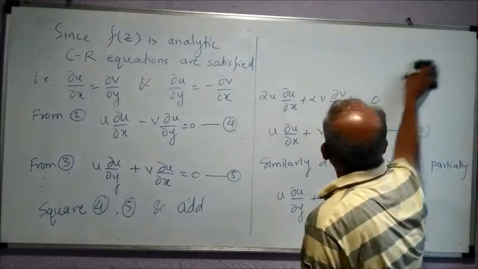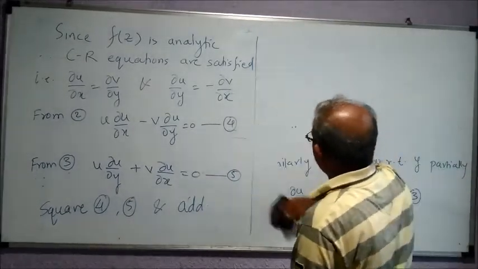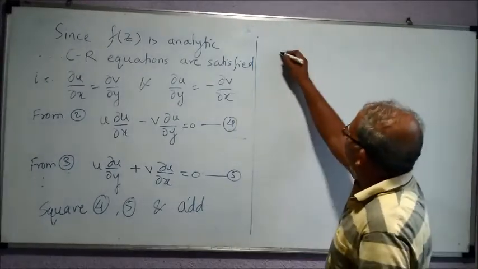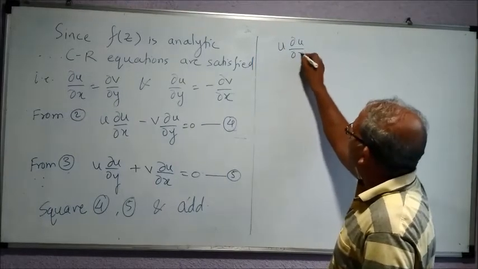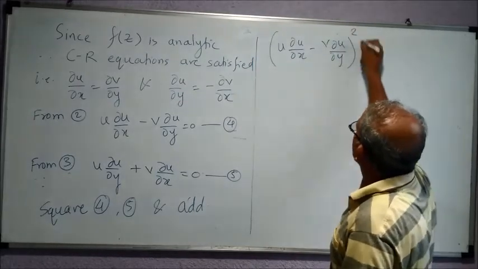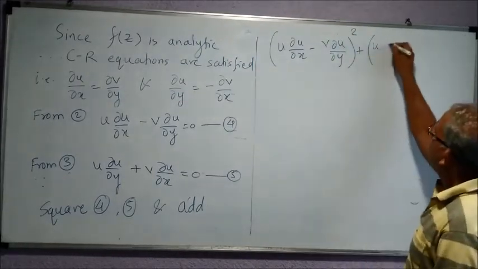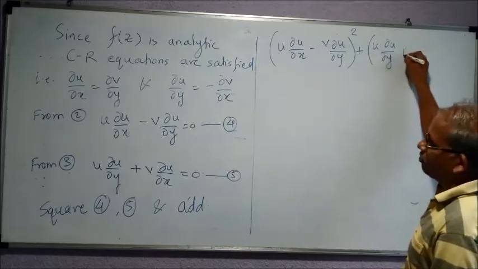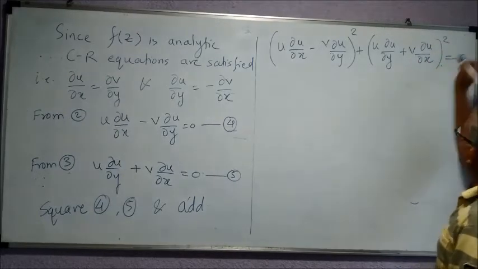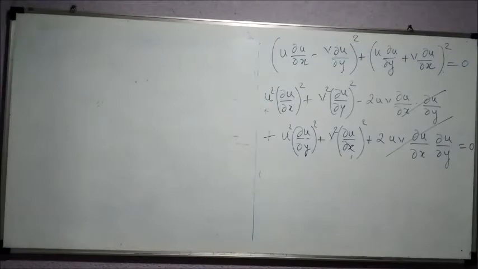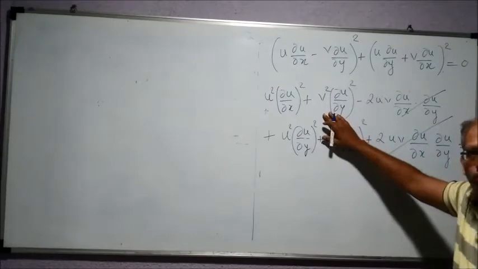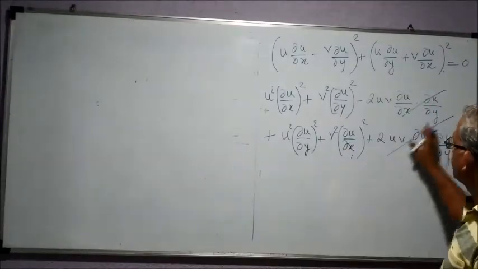If we square and add, we get (u ∂u/∂x minus v ∂u/∂y) squared plus (u ∂u/∂y plus v ∂u/∂x) squared equal to 0. Opening these squares, the cross terms get cancelled.